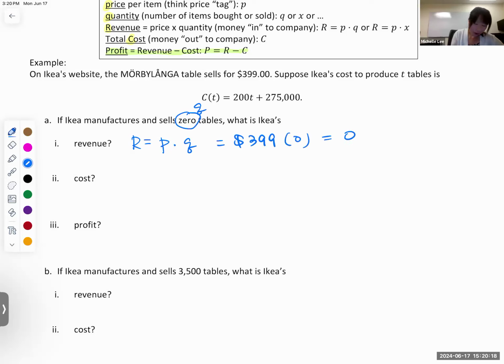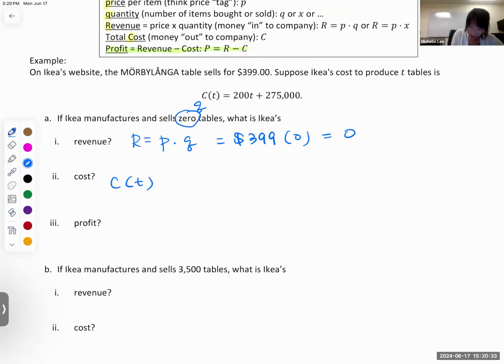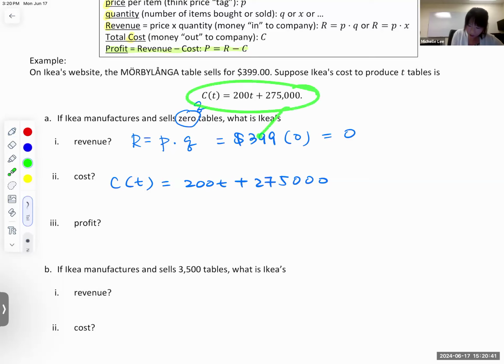And what's the cost? Cost will be, I'm sorry, C of T. So cost function will be C of T equals 200T plus 275,000. So this is the one here, right? That's the cost function.